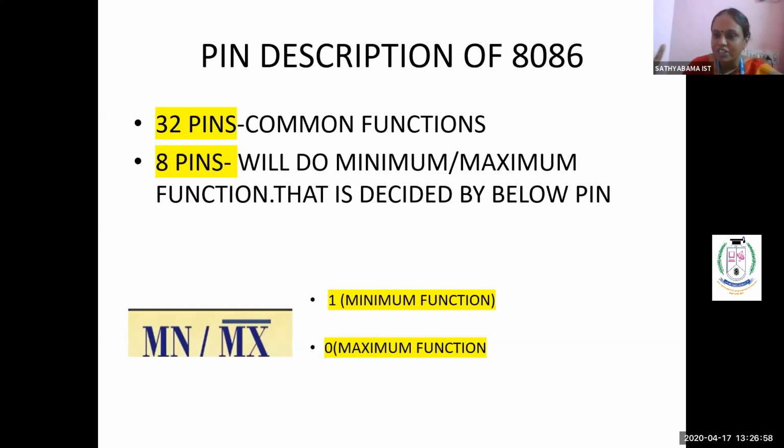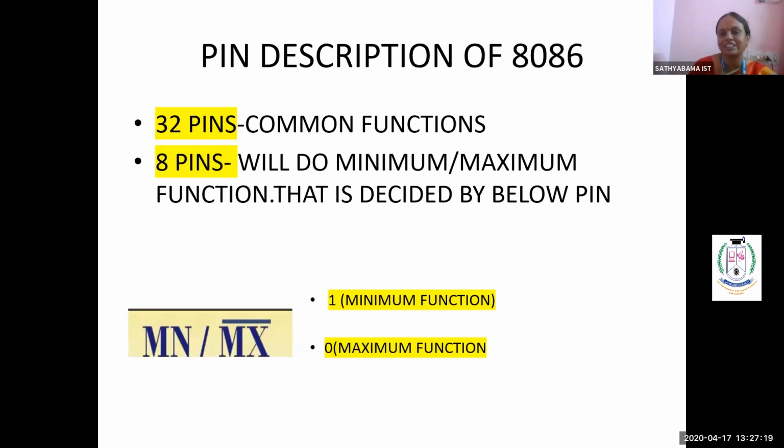If the value is 1, it will choose the minimum mode function. If the value is 0, it will choose the maximum mode function. Depending upon that, the 8 pins will work. So if it wants to work in minimum mode, the value of MN/MX bar will be 1. If the value is 0, it will work in the maximum mode.